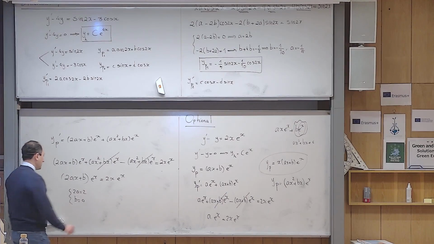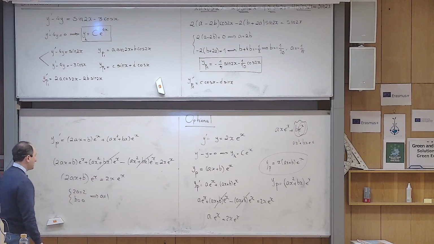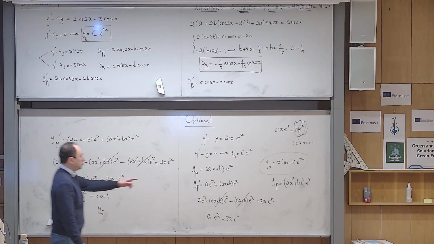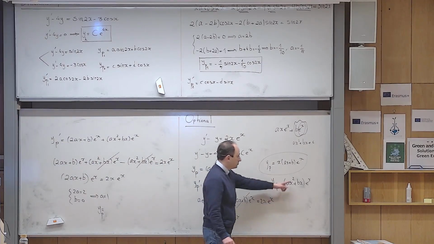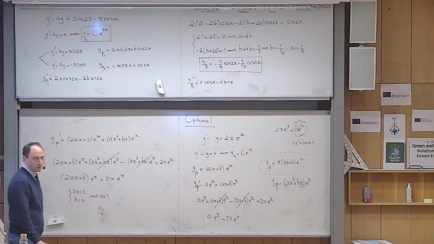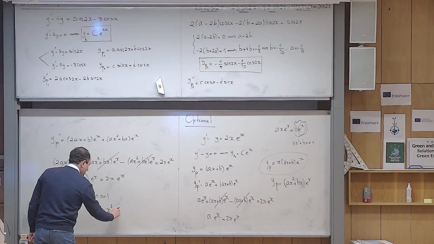Okay, so what is happening? A is 1. If a is 1, b is 0, then what is y? Y of p, I go back here, a is 1, b is 0. But it is interesting, it becomes a second degree polynomial. So it becomes x squared e to the x.